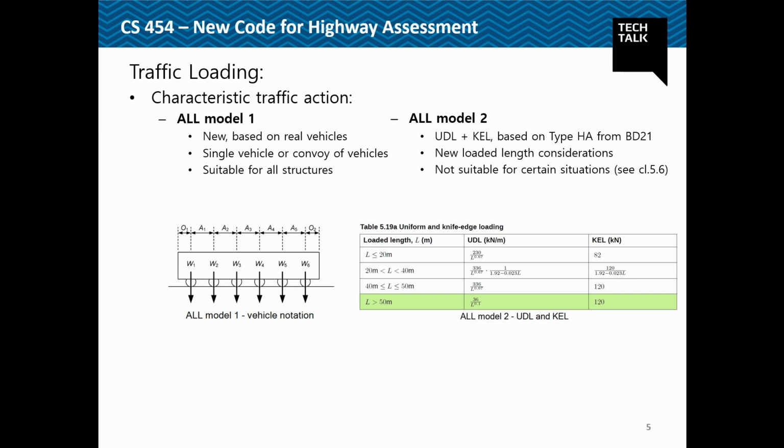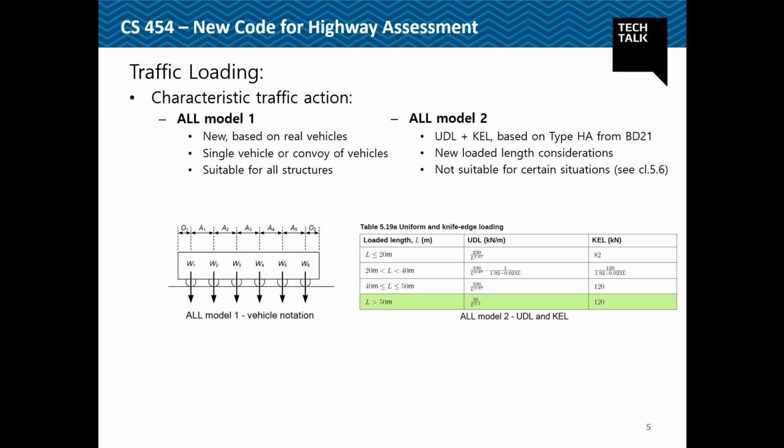as per the code. The AOL Model 2 is essentially the UDL and knife edge loads that are based on the type HA from BD21. So that is the one we are very familiar with, but there are a couple of key items to mention.